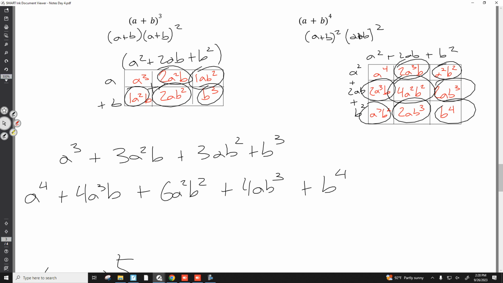We can see that's how many A's we have. That's where the numbers come from. You saw you got A to the fourth, A cubed, A squared, A to the first, A to the 0. We had B to the 0, B to the first, B second, B third, B fourth. You see it? What do you mean? Where do they come from? It comes from multiplying things by itself over and over and over again.